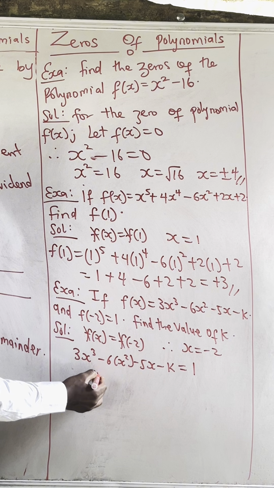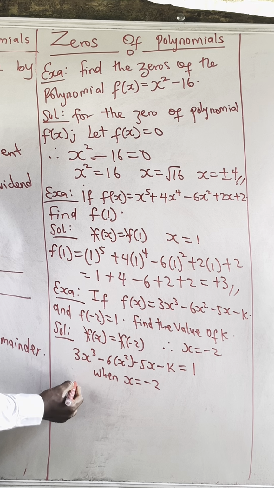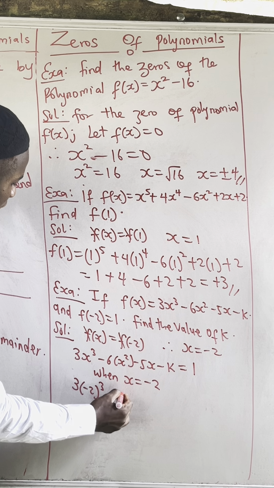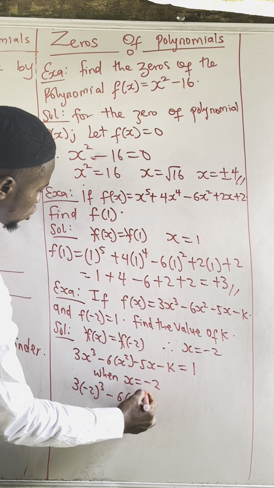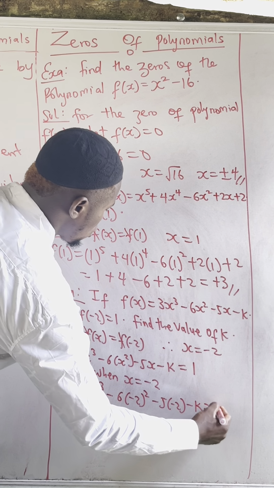So when x equals minus 2, this turns to 3 times minus 2 raised to power 3, minus 6 times minus 2 raised to power 2, minus 5 times minus 2, minus k equals 1.